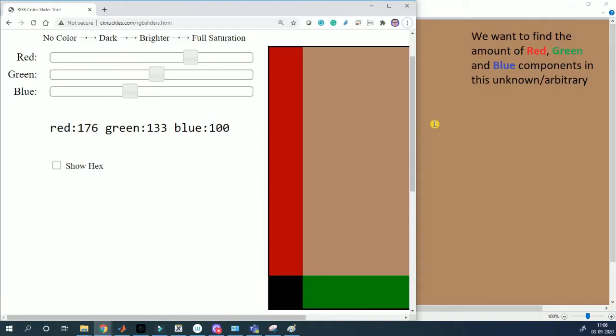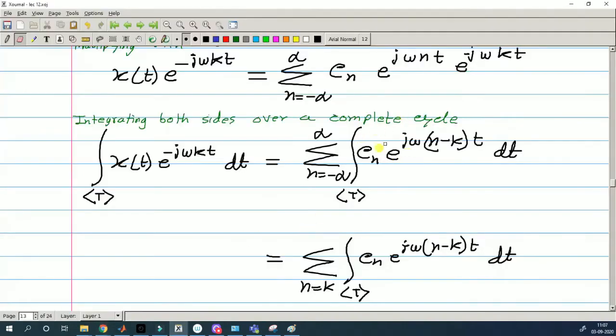So to determine the amount of one component, we are using filters to nullify or block other components, just the way here we are multiplying with something and integrating to make the effect of all other harmonics zero, except only one harmonic.